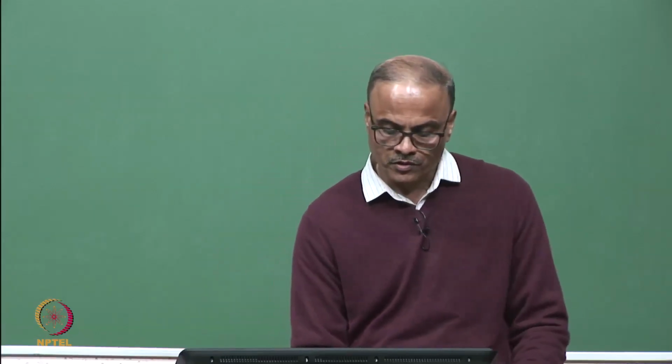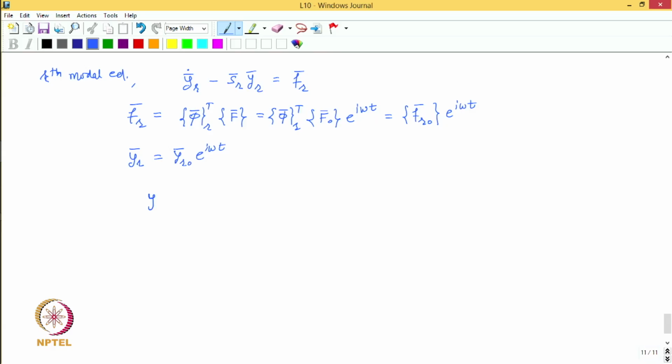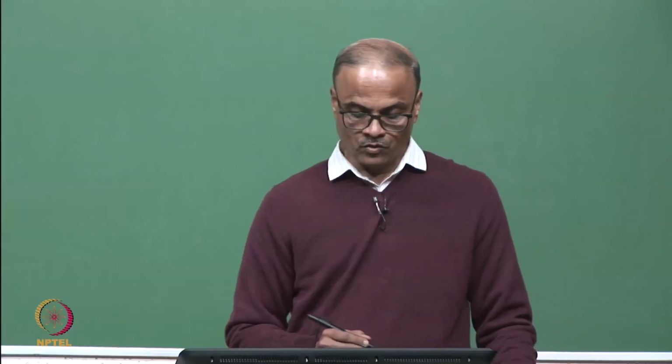If we substitute these two into the modal equation, we get y r o bar as F r o bar divided by I omega minus S r bar, because substituting y r o bar e to the power I omega t into y r bar dot, the differentiation leads to a term I omega.